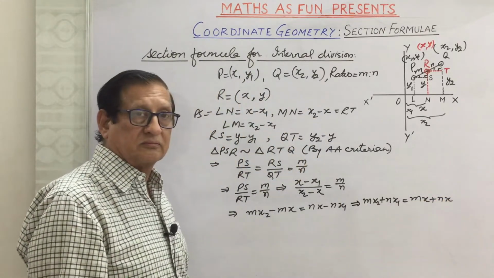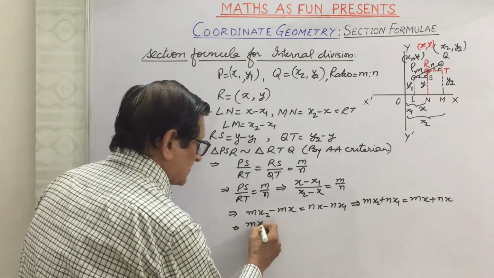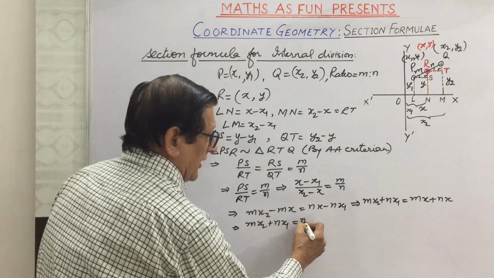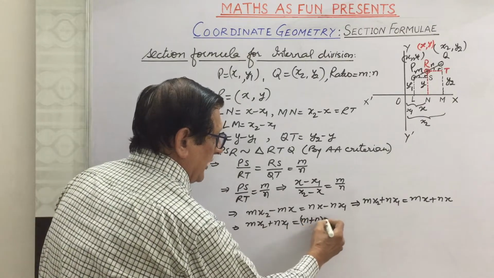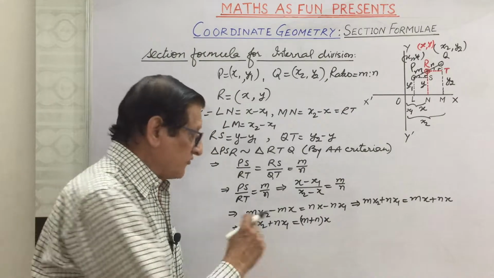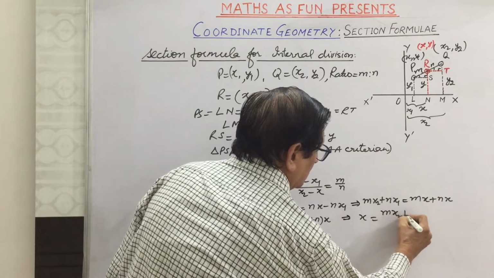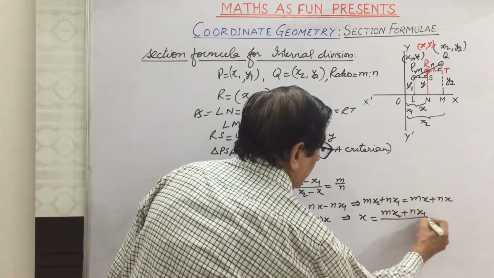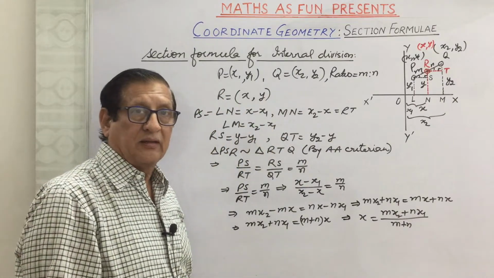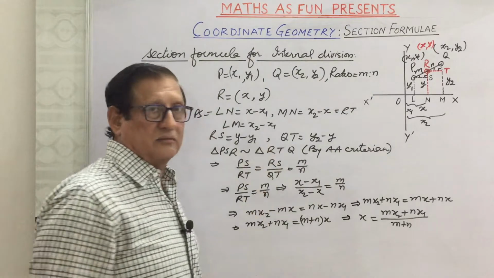It means we are getting from here mx2 plus nx1 equal to m plus n into x. We have taken x common, and from this we get the value of x as mx2 plus nx1 upon m plus n. This is the x coordinate of point R.